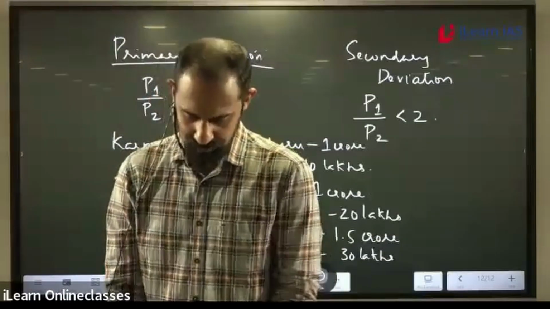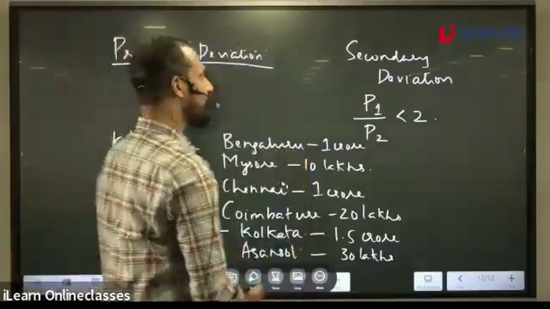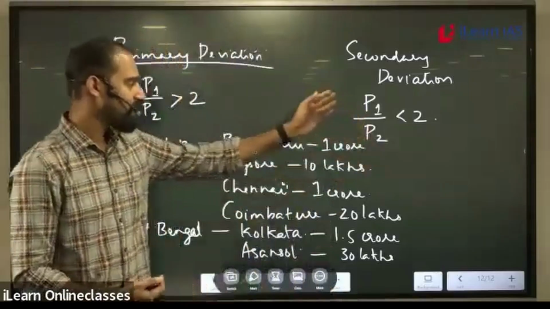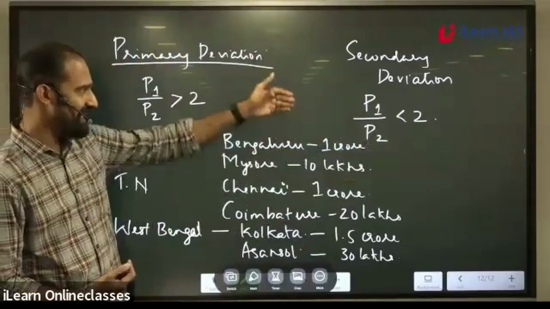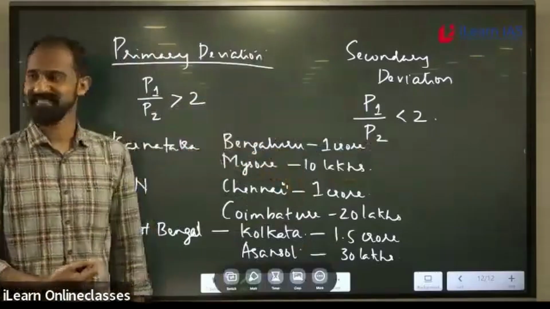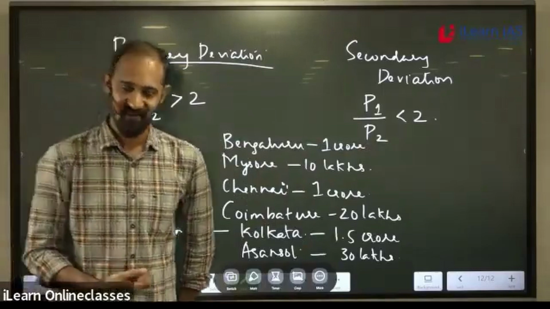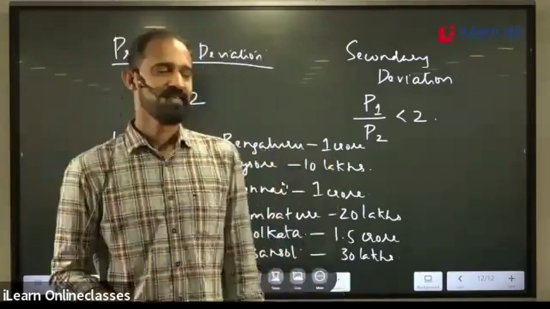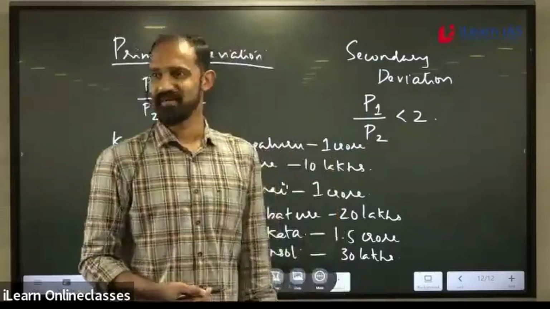Now, let us look into the secondary deviation. Secondary deviation is a case where the largest city and the second largest city are close to each other. Tell me some examples. You can tell from states. Maharashtra has Mumbai domination.